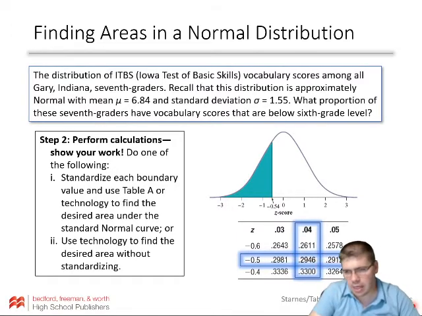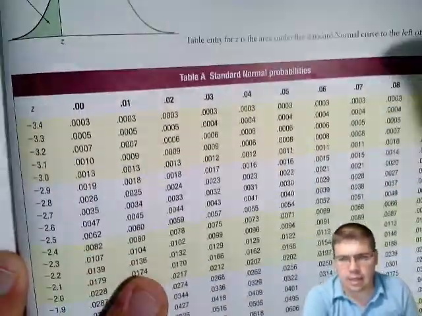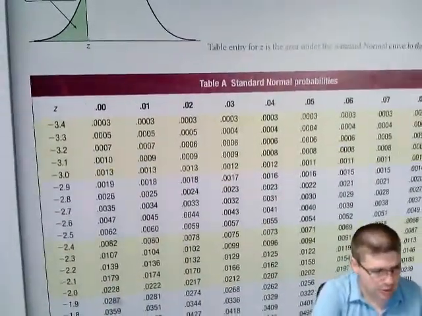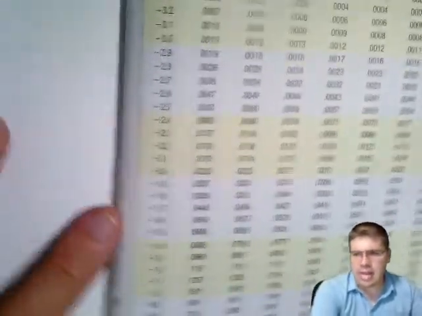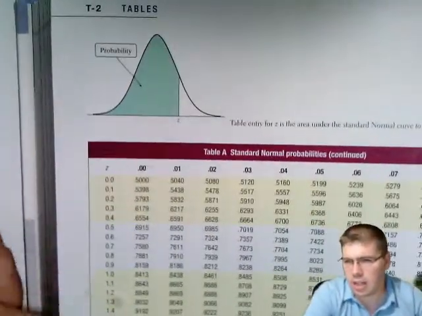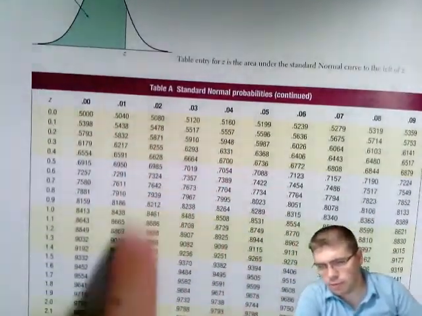But let me show you it again in the textbook, because this is what you'll probably be using. You'll flip back to this page, and you can use this table to find those probabilities. On this page we've got a negative page, and if I turn the page, we've got our positive page on the other side, and these areas will end up being more than 50% on this page.